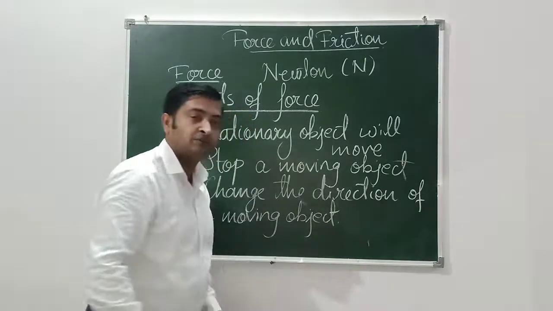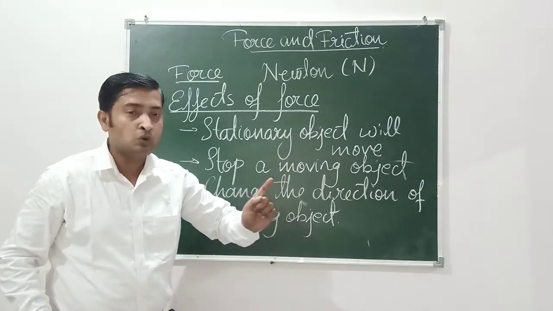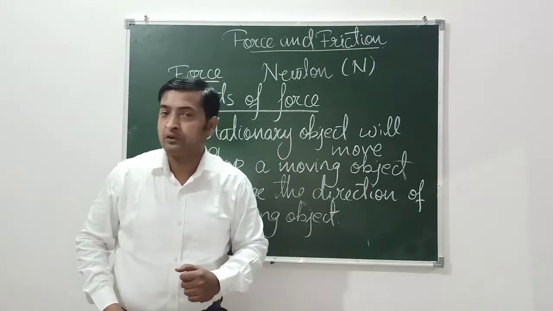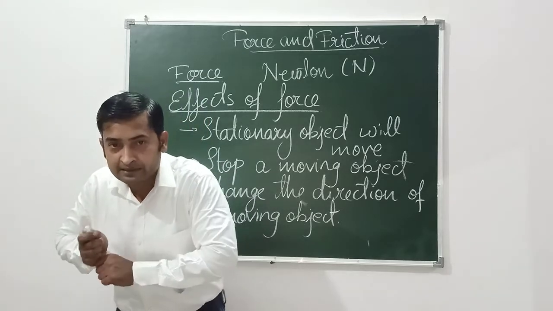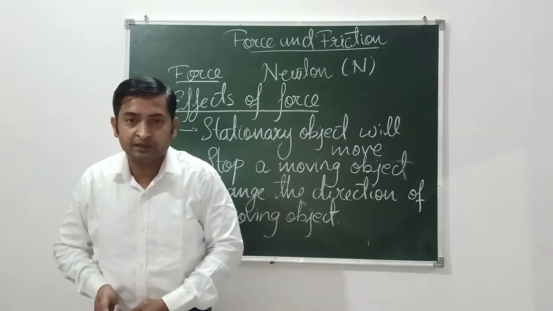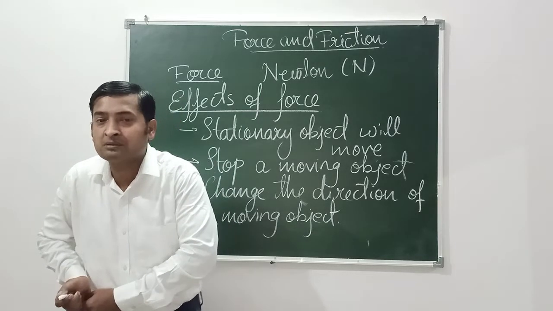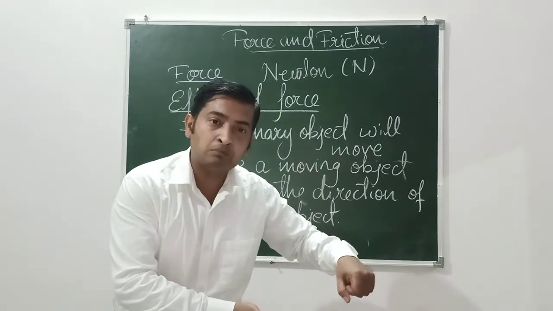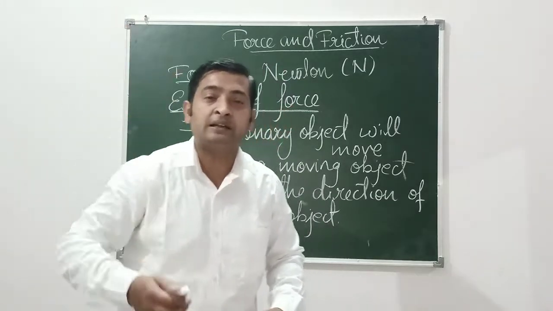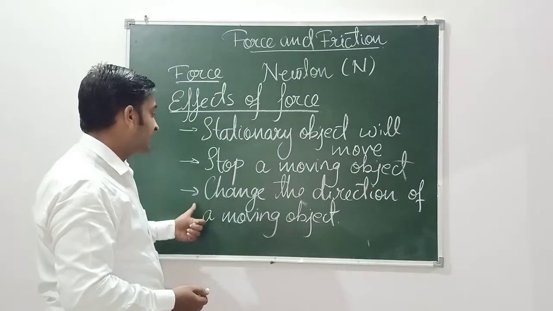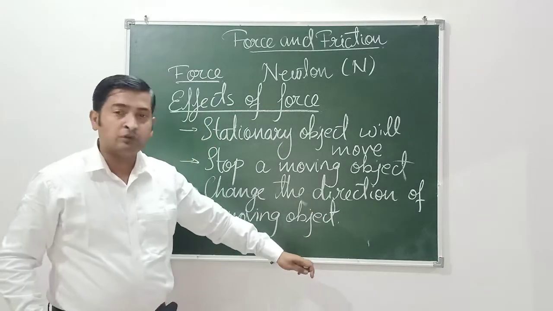If an object is moving in a particular direction, we can apply force and change the direction. Let me give you another example. When the batsman is batting, the bowler throws the ball in a particular direction. The batsman simply uses the bat and changes the direction of the ball. Then the ball changes its direction and moves in another way. So by applying force, we can change the direction of a moving object.